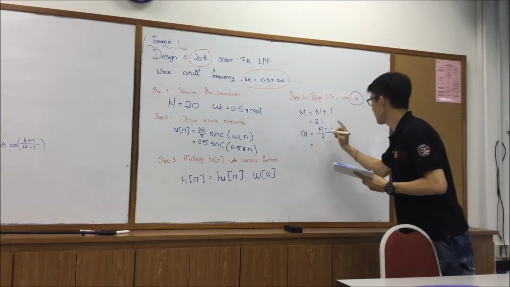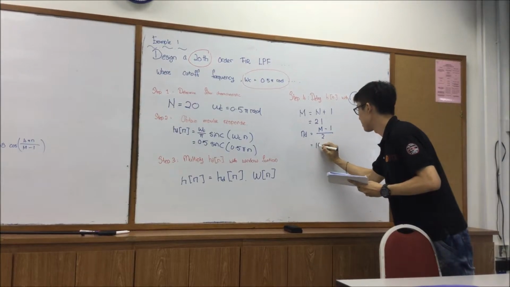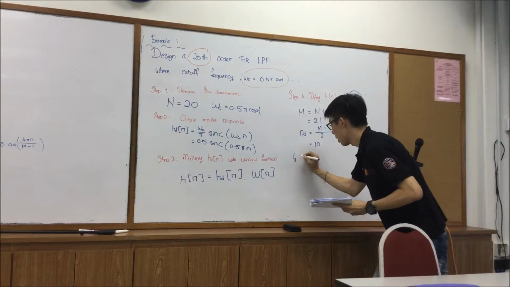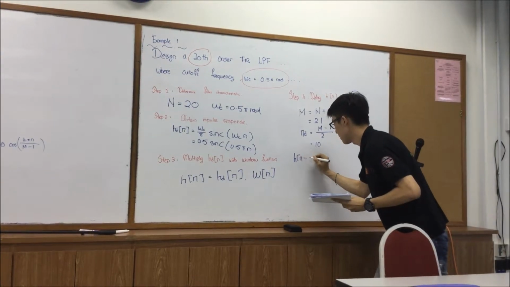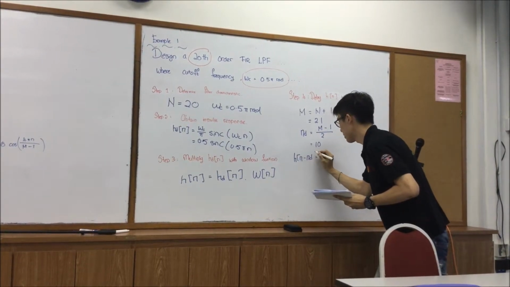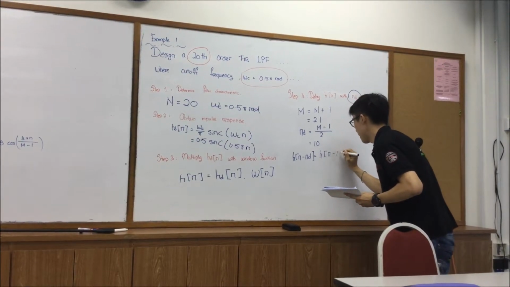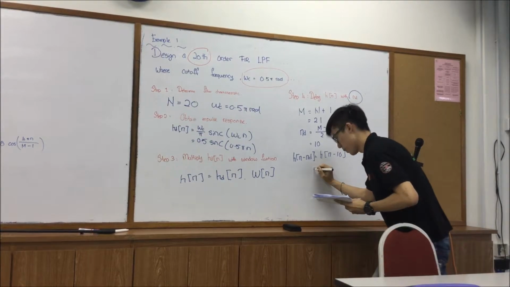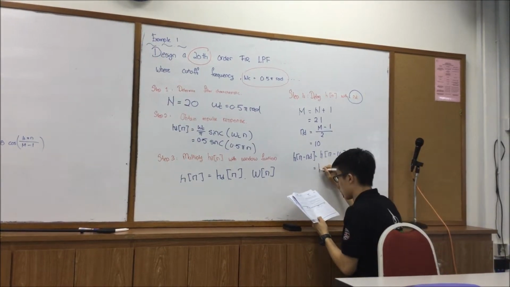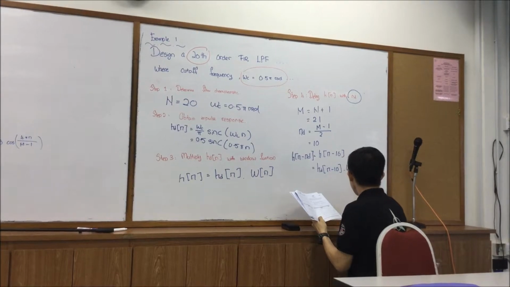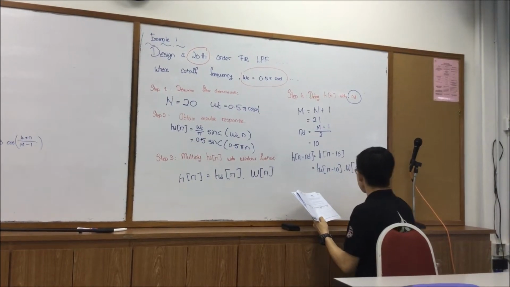So we have our n_d equal to 10. So now our equation will be h(n minus n_d), which is h(n minus 10), and the equation will become h_d(n minus 10) times w(n minus 10).